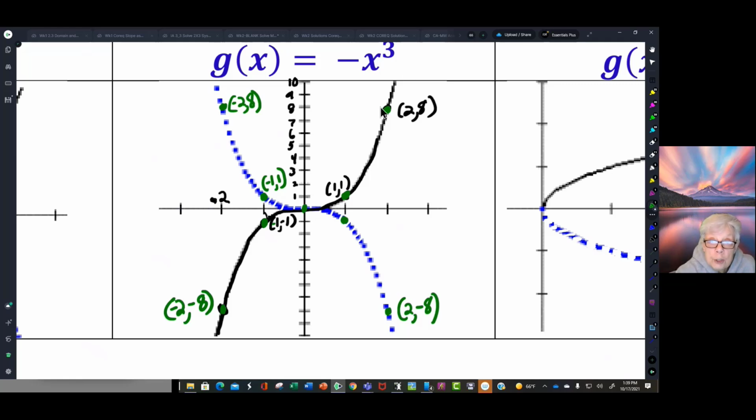As a result, your reflection, this goes down here, and this goes up here. Both sides are reflected across the x-axis. So in this case, we can't really say it's upside down, or we could, depending on how you look at it.